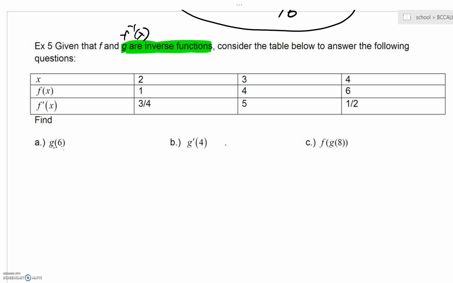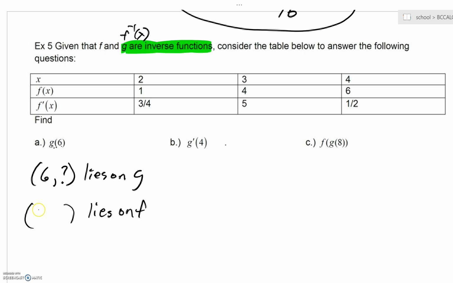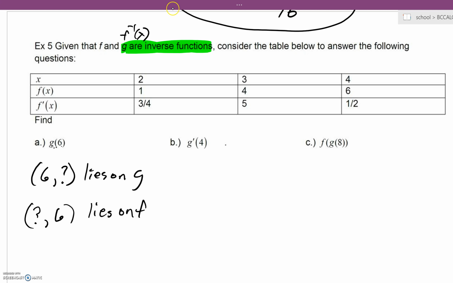You'd say 6, something lies on g. Well, what do you know, now if we have an inverse function, something lies on f. Question mark, 6. And kids will say, how in the world am I supposed to find that?